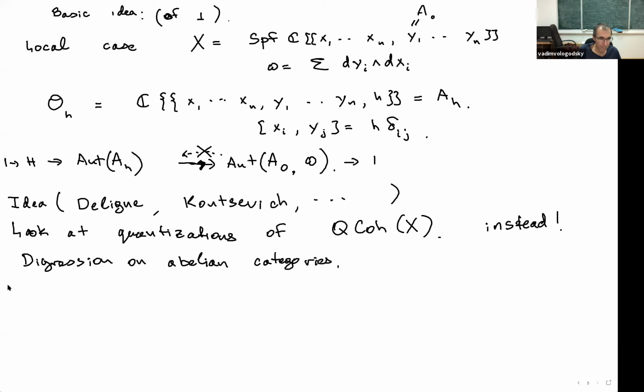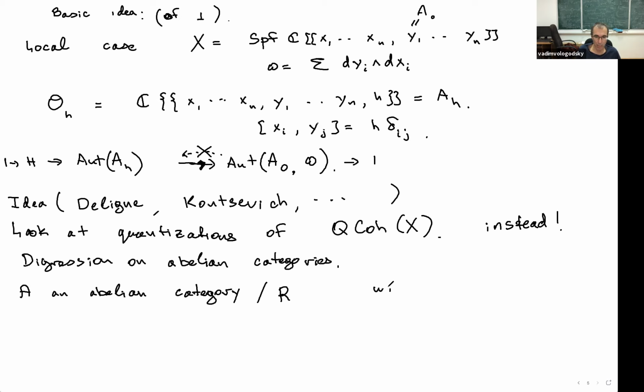Suppose I have A, an abelian category over R, where R is some commutative ring.